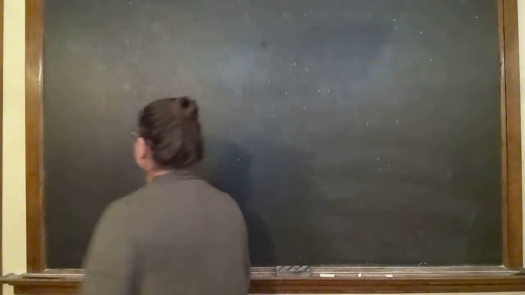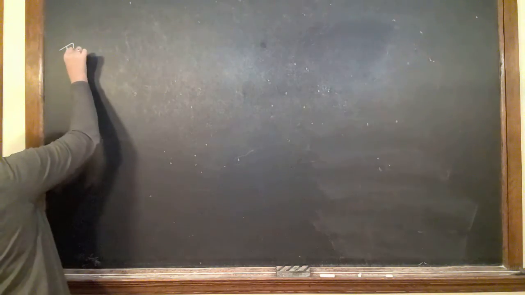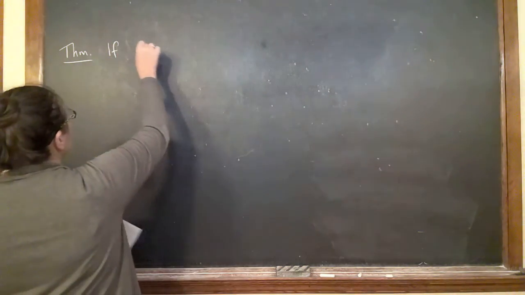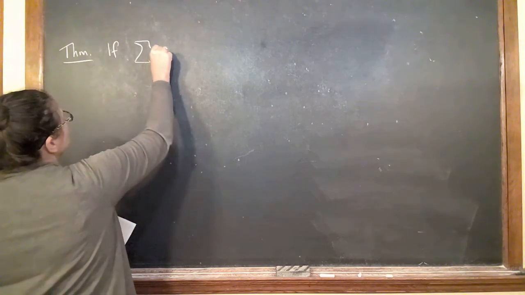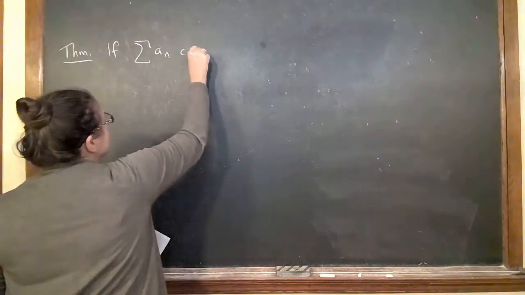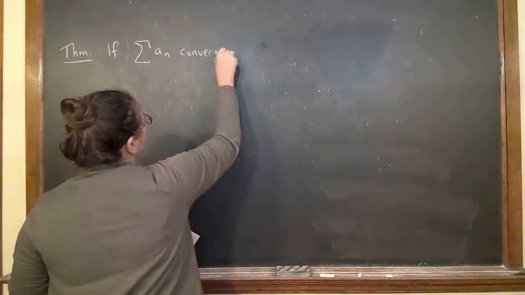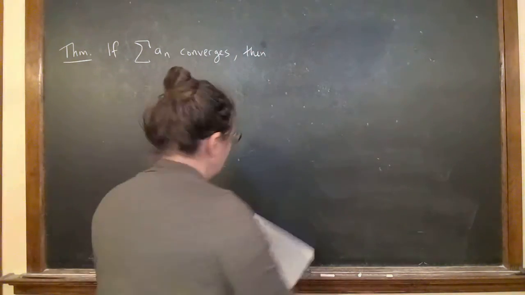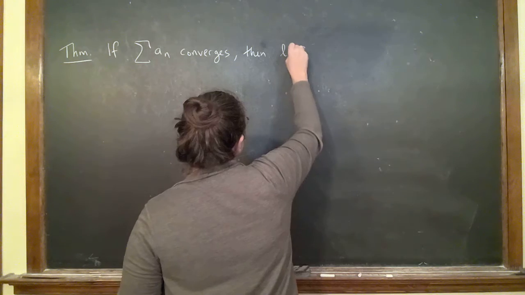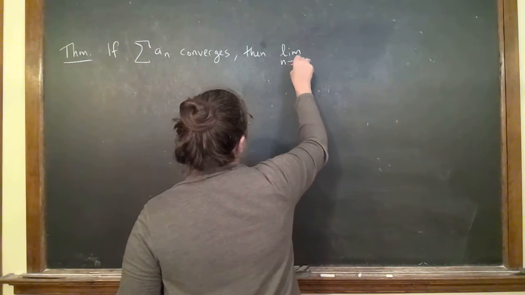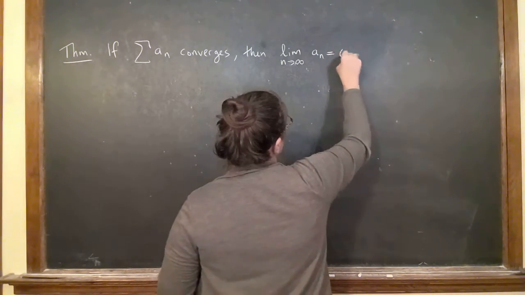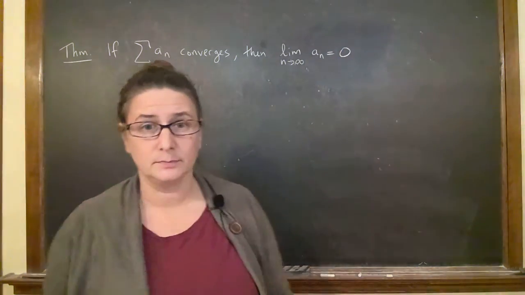We have a theorem which is related to this. If you have a convergent series, then it necessarily has to be the fact that the limit of the terms in the sequence has to be 0.